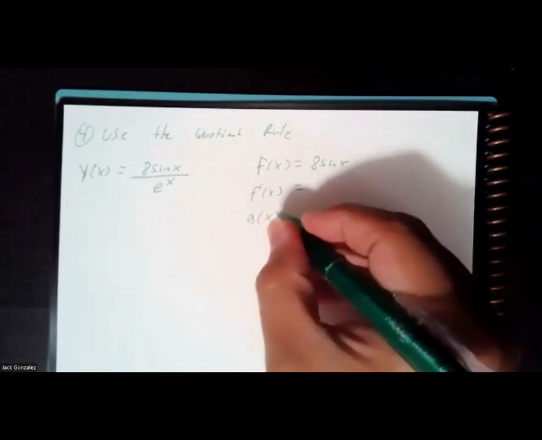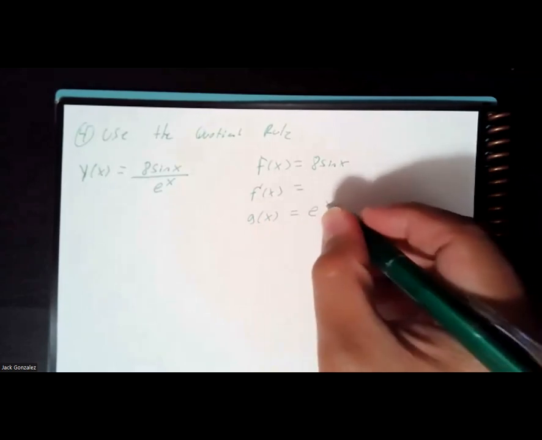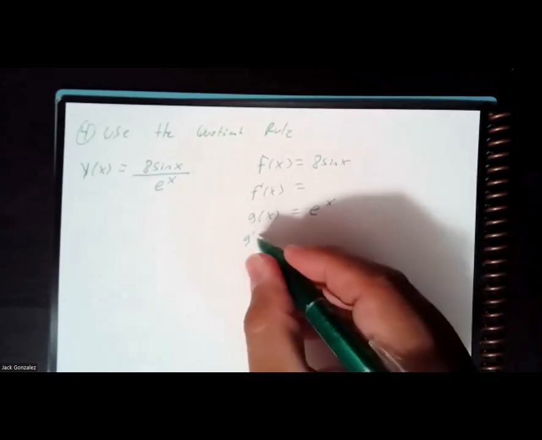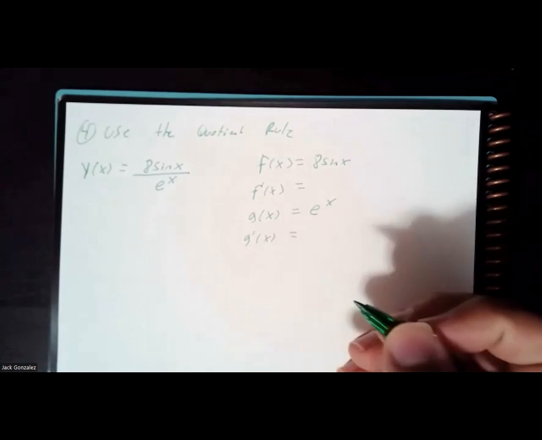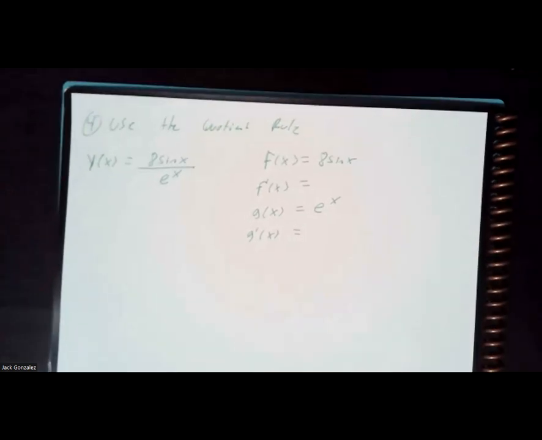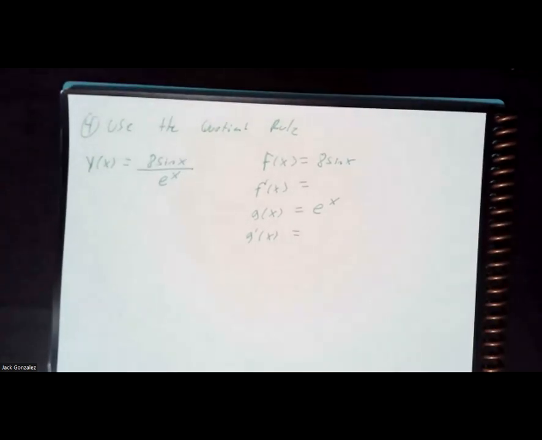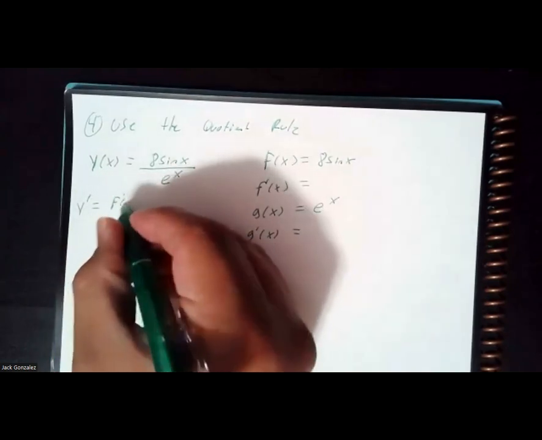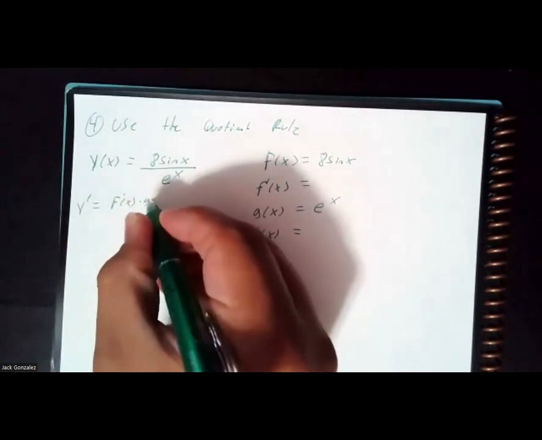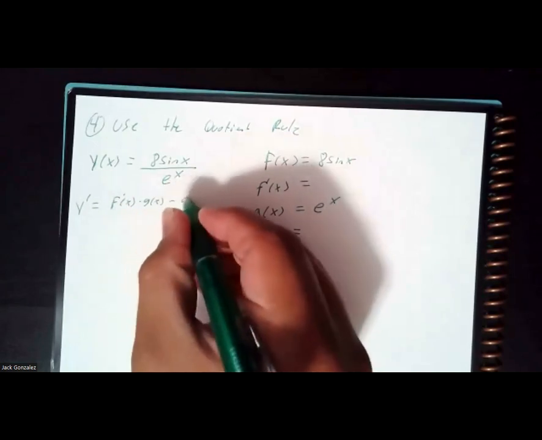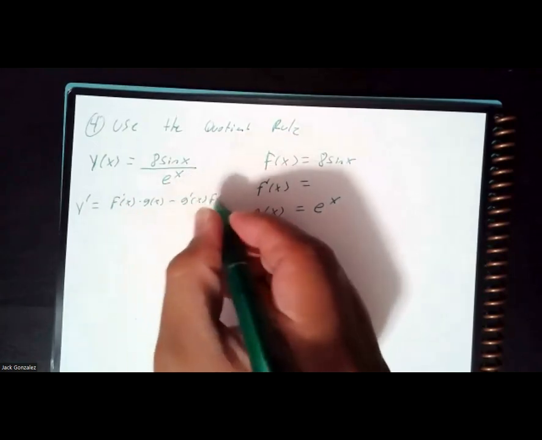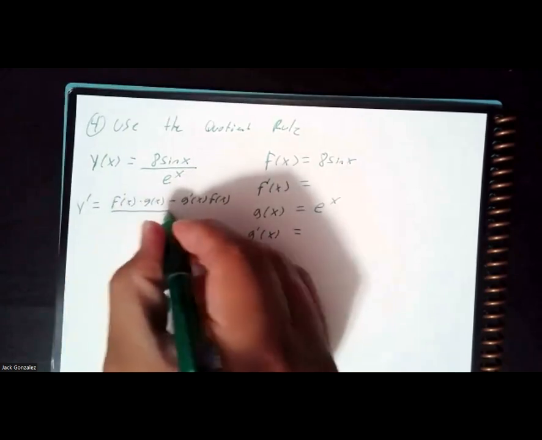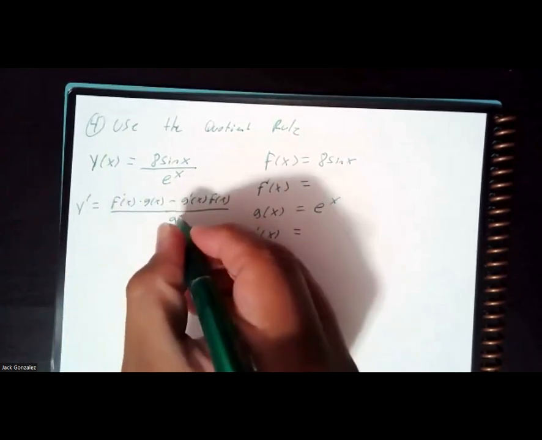G is always the bottom, and its derivative. Formula will be F prime G minus G prime F over G squared.